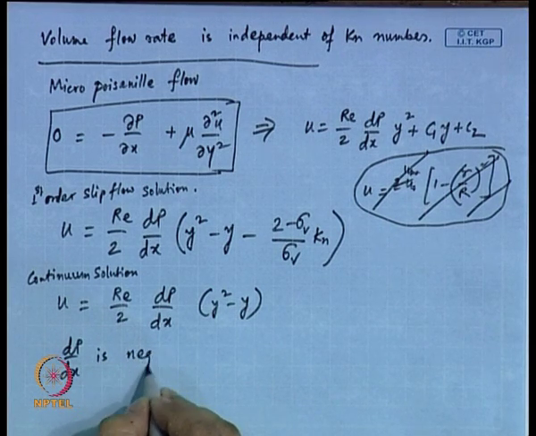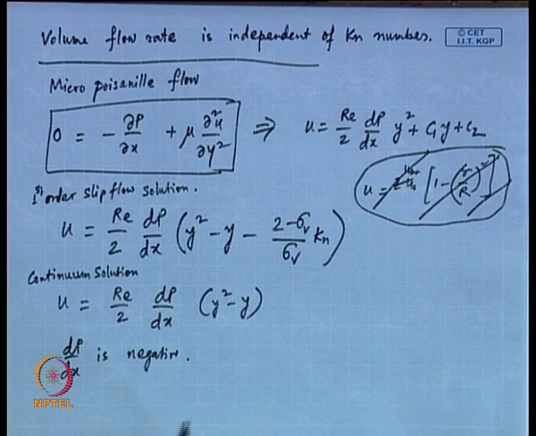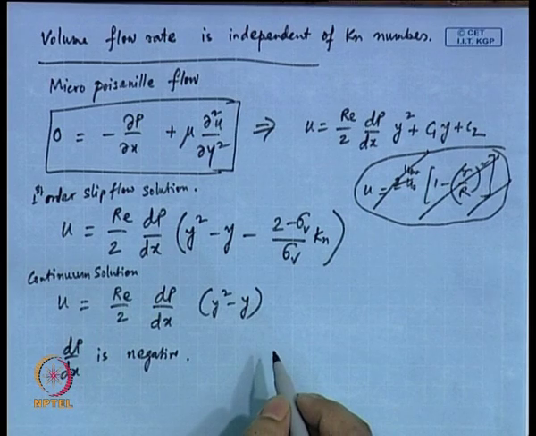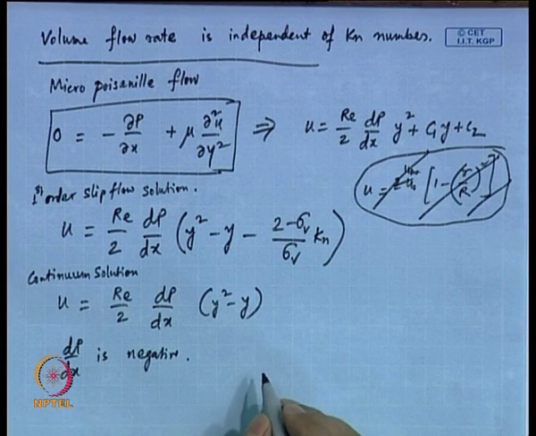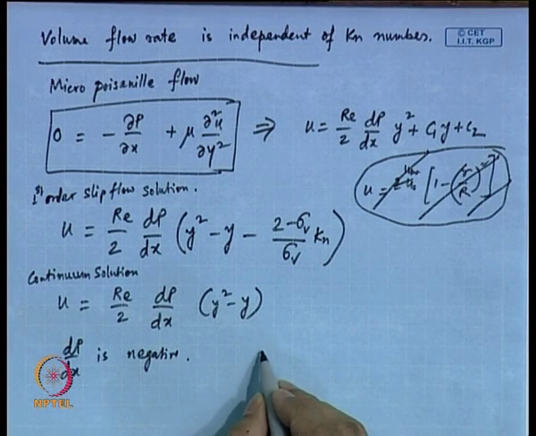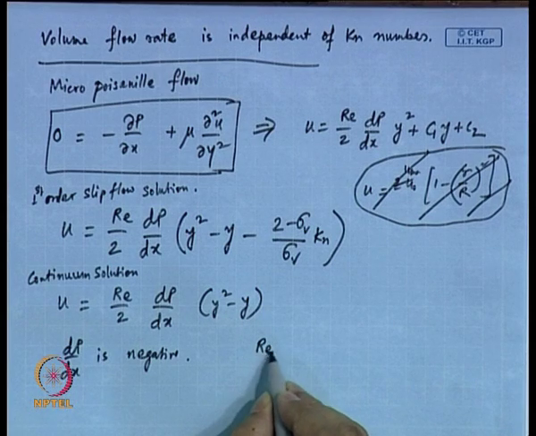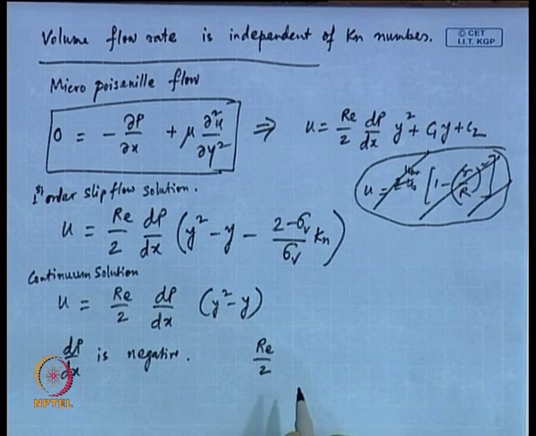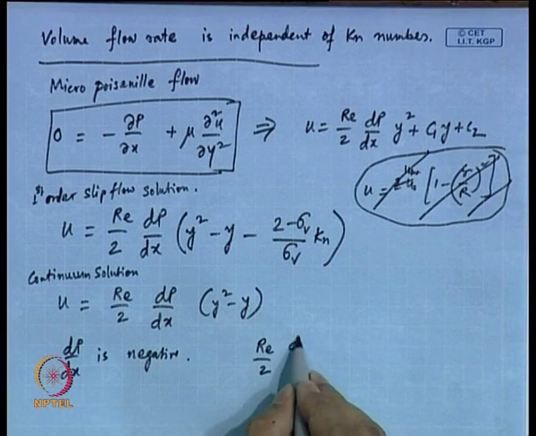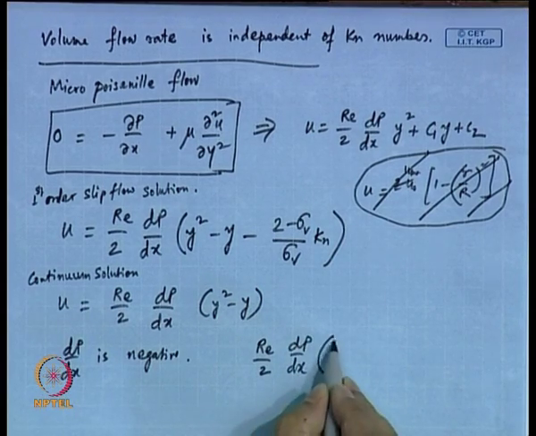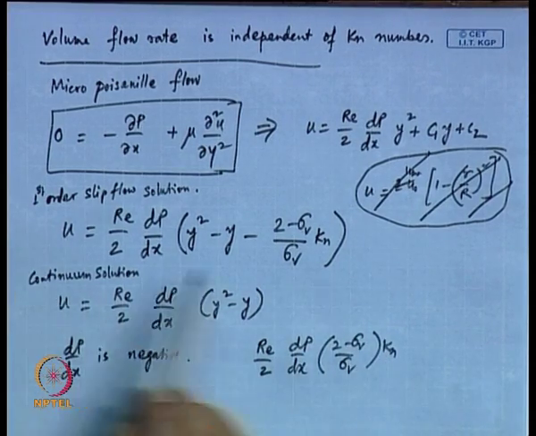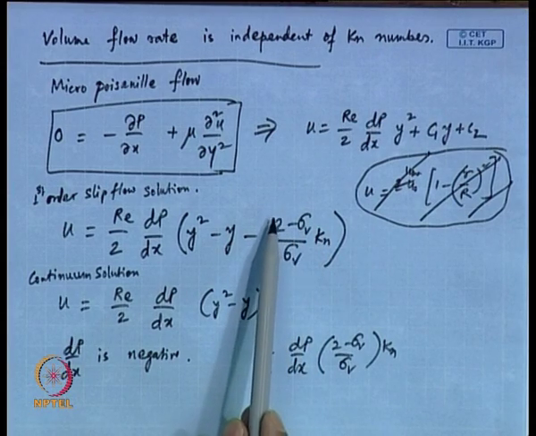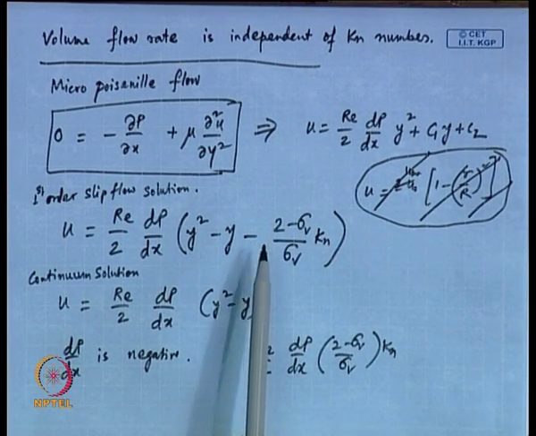If dp dx is negative, then one has this quantity, Re by 2 dp dx into (2 minus sigma v) by sigma v into Knudsen number. That is the additional term that you have because of the first order slip flow solution.